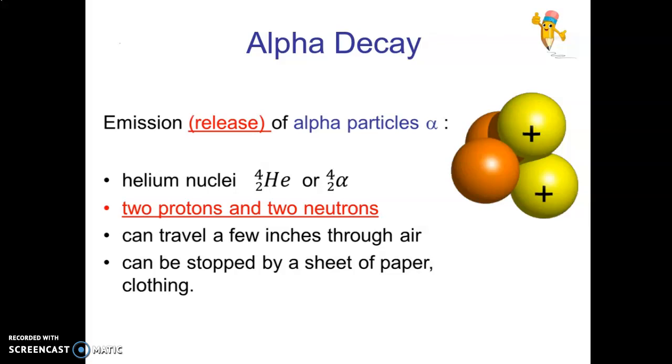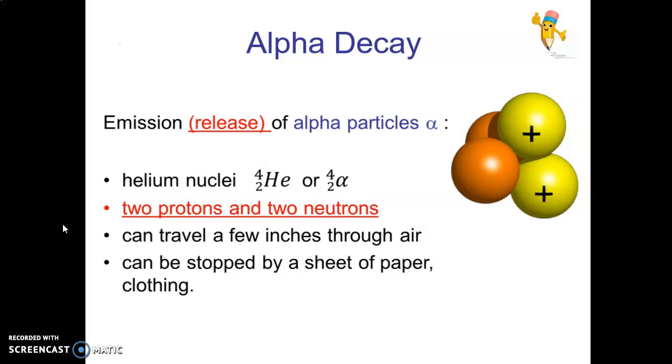When it is releasing a helium particle, it is going to get rid of 2 protons and 2 neutrons. So when you start out with an element, you are going to decrease that element by 2 protons and 2 neutrons. All right, and then I'll talk about what happens to the actual element.